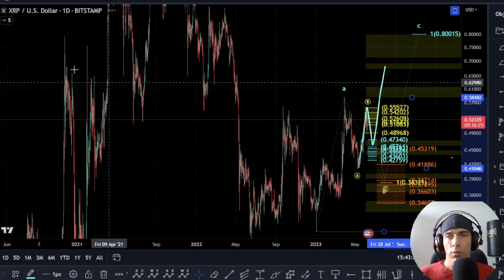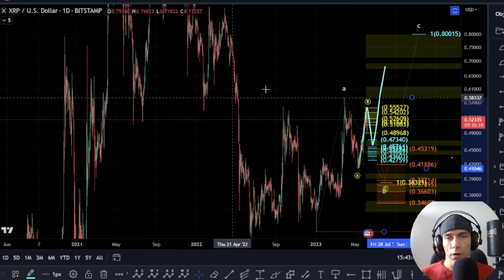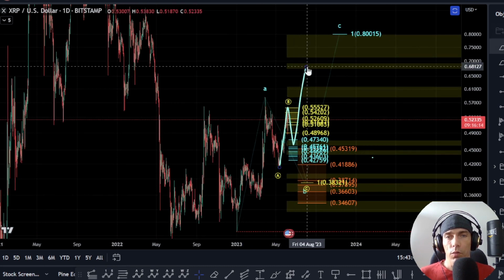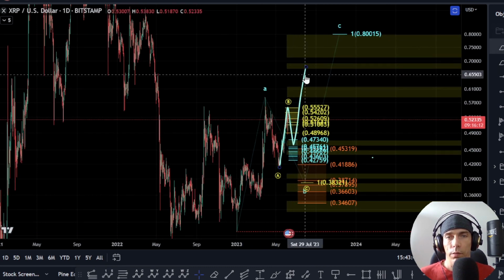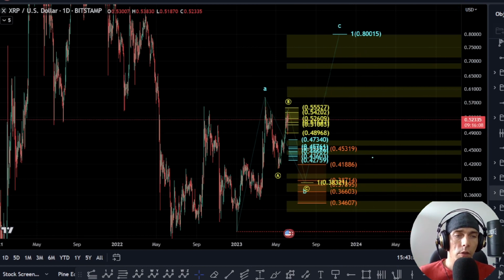Now we obviously do have some big levels above us towards this area of the 68 cents. And then, you know, this whole range here could offer us resistance. So we need to just be aware that even if we do move up in this corrective move, we could still face that rejection for that B wave and then have that continuation to the downside.